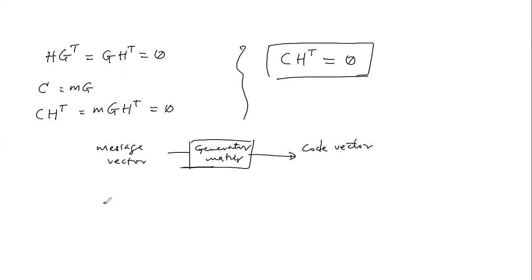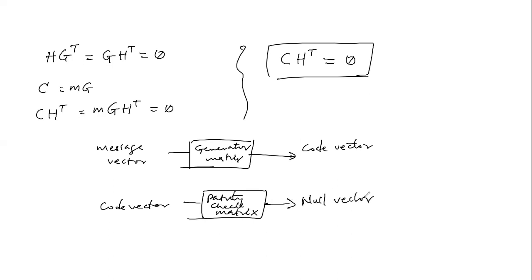Now, when we now have this code vector sent into the parity check matrix, sorry. Now, what we should get is a null vector, is 0. Okay.